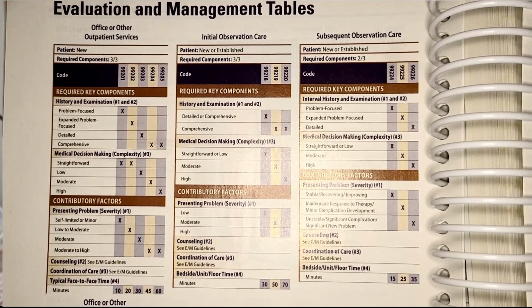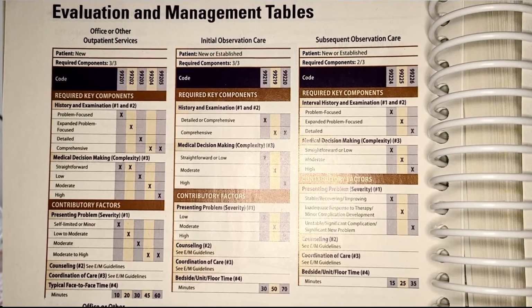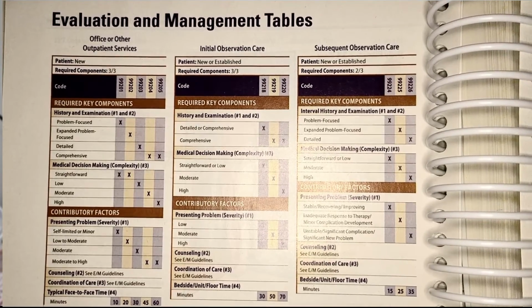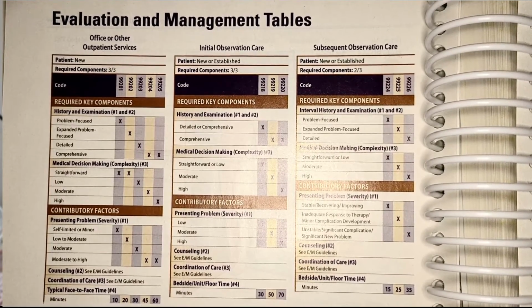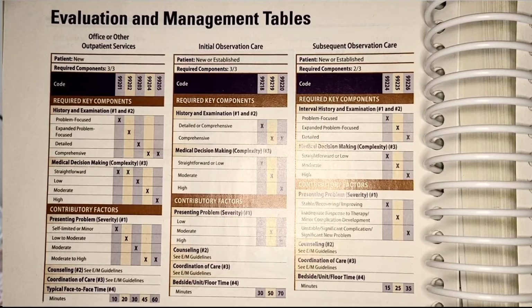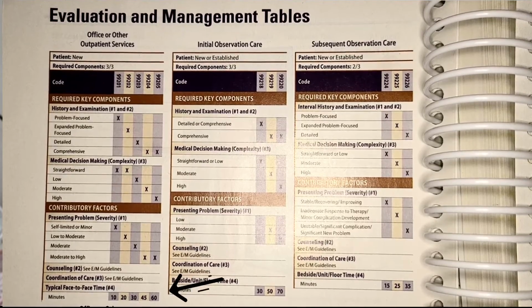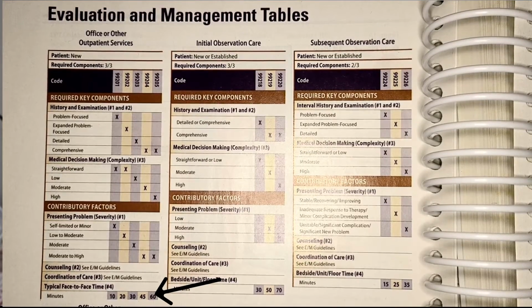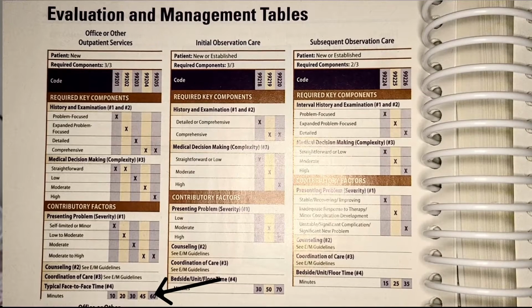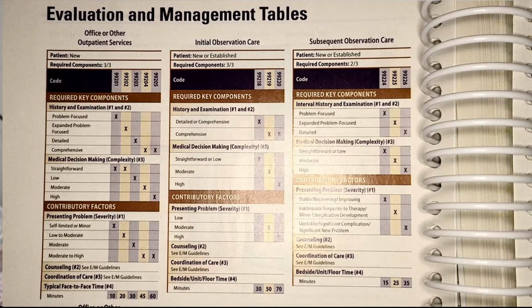We would need all 3 of those components at minimum to meet that 99204. Or we could code based off of time, which shows us it is 45 minutes total face-to-face time. So there's lots of cool tables that you can find here that will show you what's the required number of components, is it new versus established, and then what are those key component requirements and time requirements.